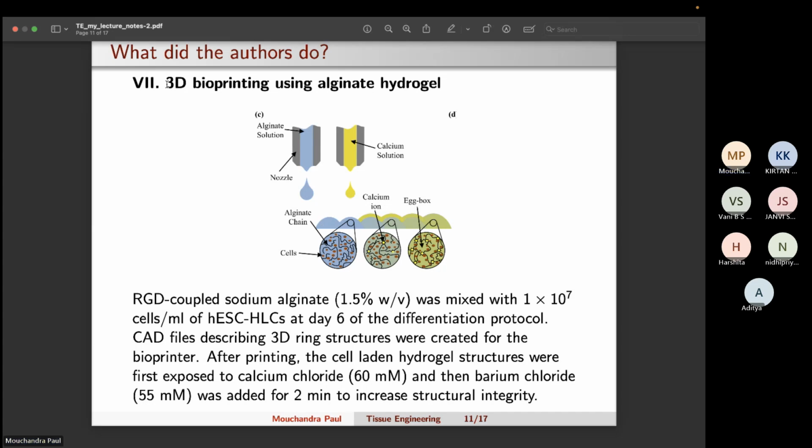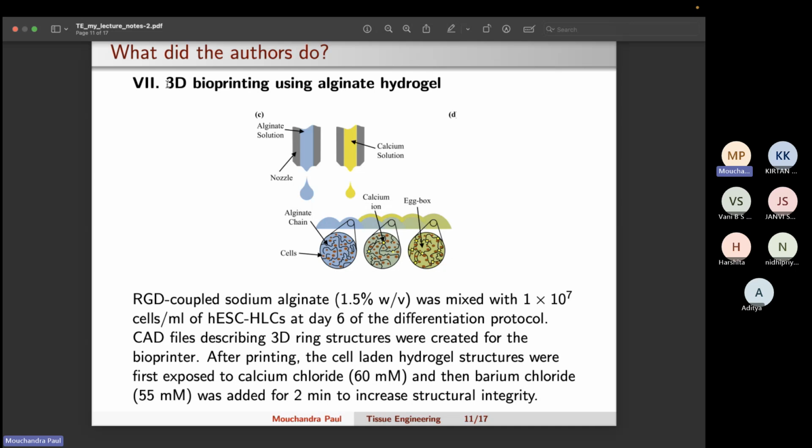And as I told you, they have also 3D printed using a hydrogel called sodium alginate. This hydrogel is very interesting actually. It is taken from algae.